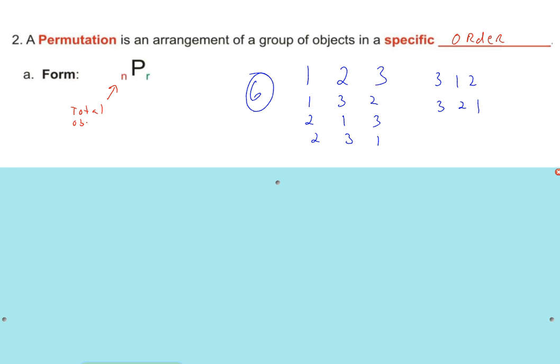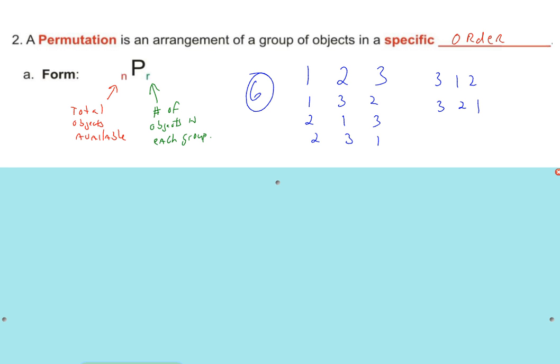That's the left number, the total number of objects available. The right-hand number tells you the number of objects in each group.